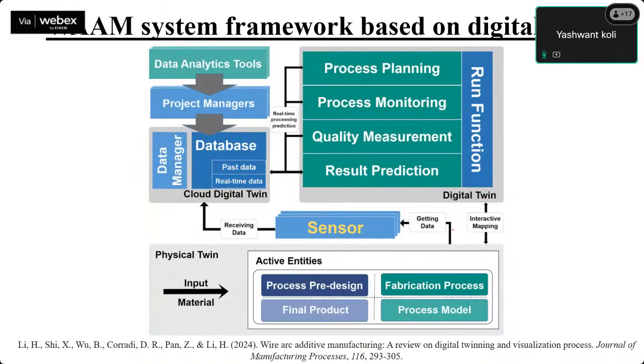Next is the WAM system framework based on digital twin. This is the system framework. I think many of you will know that digital twin is a new word in the market, but it was first proposed in 2002. So it is not a new concept.